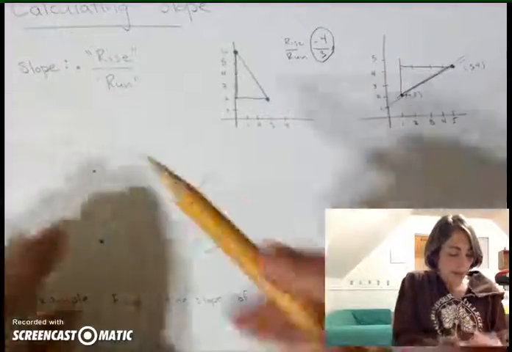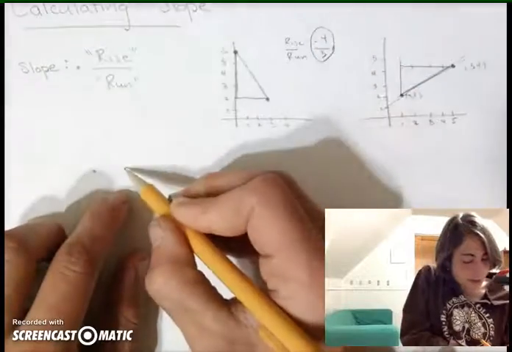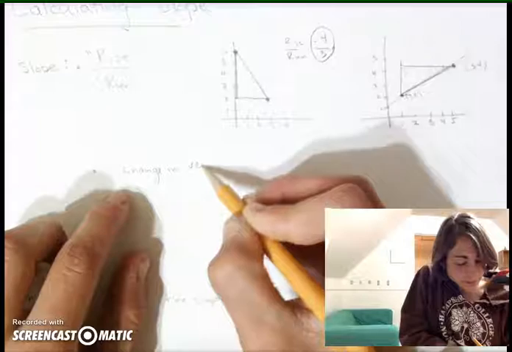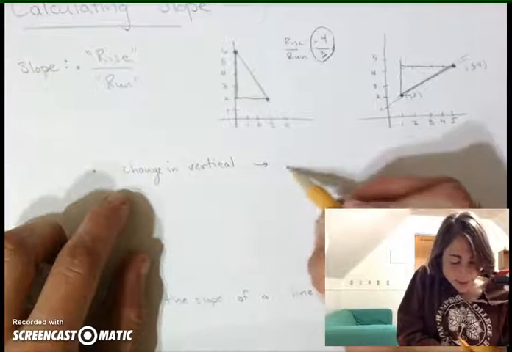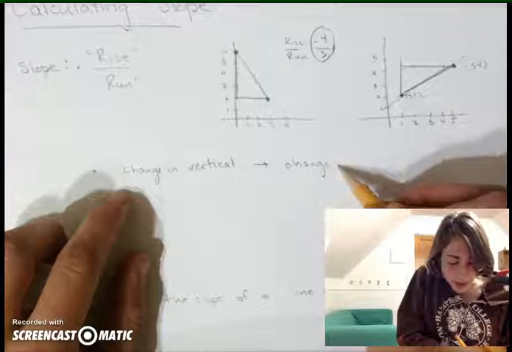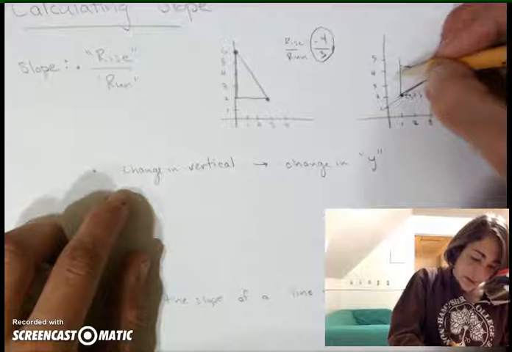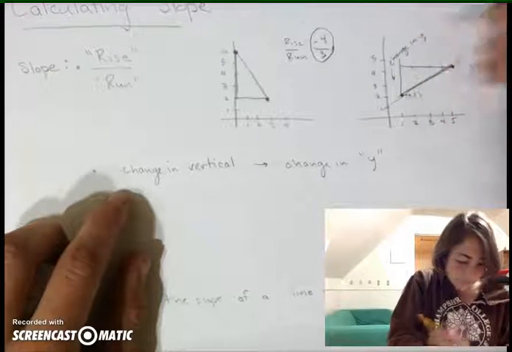So what we basically did here is we looked at the change in the vertical direction. So change in vertical, that's the same as the rise. Another way to say that is the change in y. So this represents the change in y between the 2 points.